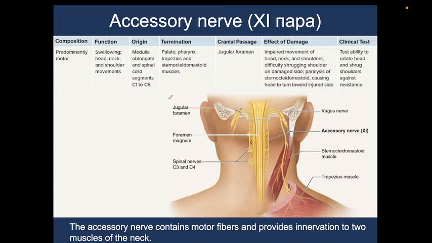The second branch, the external branch of the accessory nerve, innervates the sternocleidomastoid, and here you see these muscles, and as well the trapezius muscle.